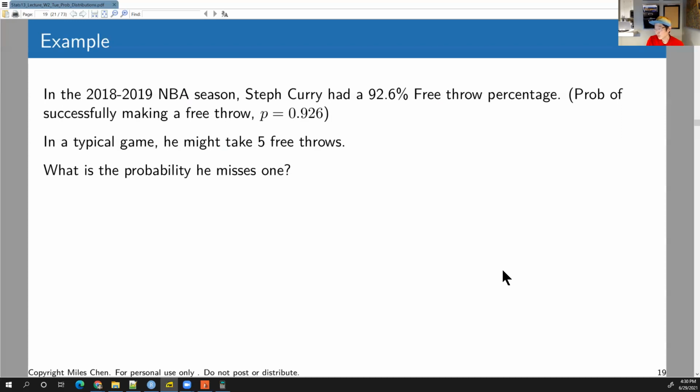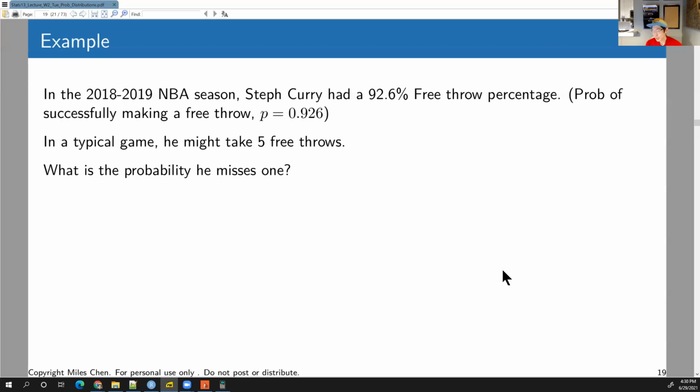His free throw percentage is very high at 92.6%. We're making several assumptions here, but we're going to assume that the probability he successfully makes a free throw on any one given shot is 0.926, okay?